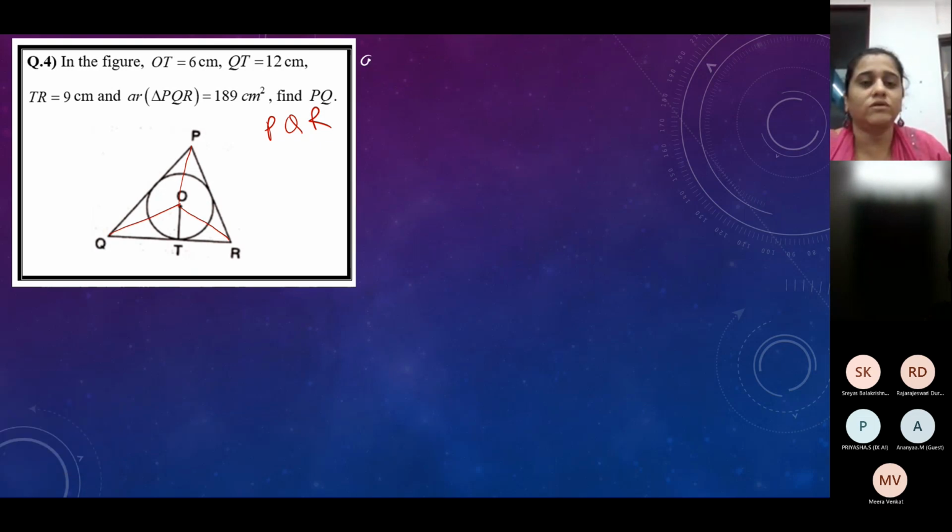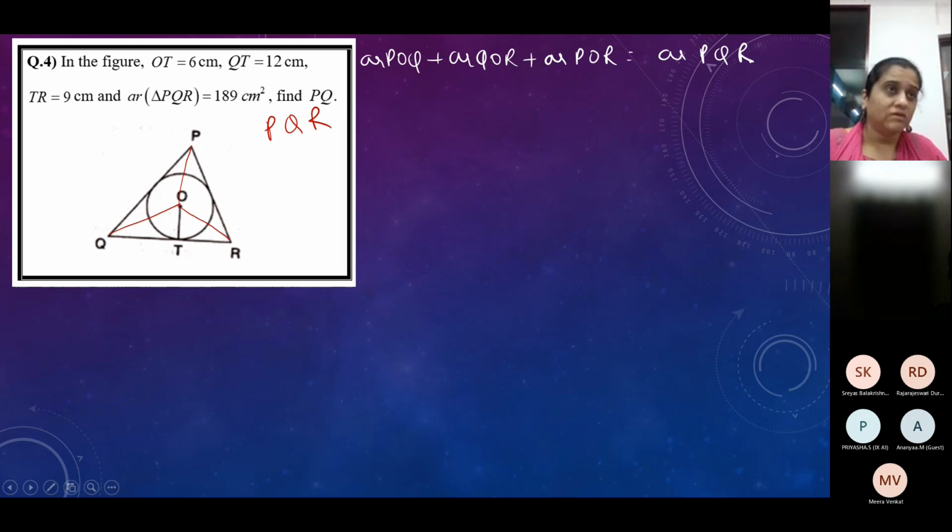Area of POQ plus area of QOR plus area of POR is equal to the area of the whole triangle PQR, correct? The whole triangle is equal to the sum of the areas of the 3 small triangles.